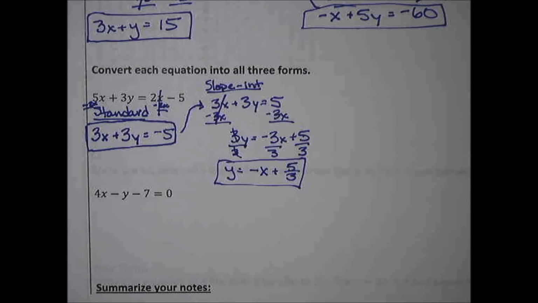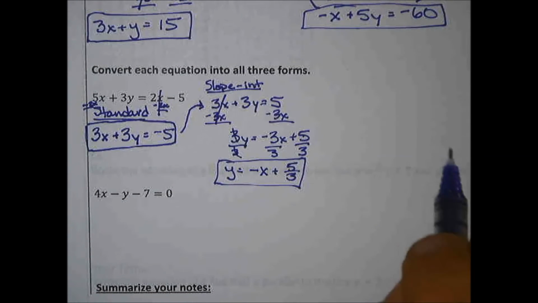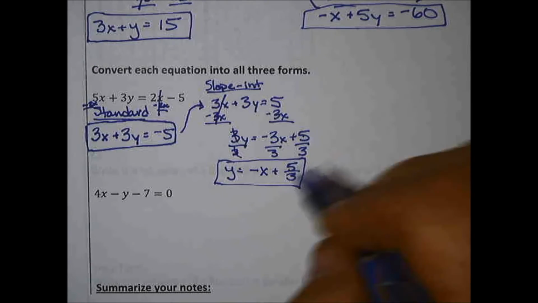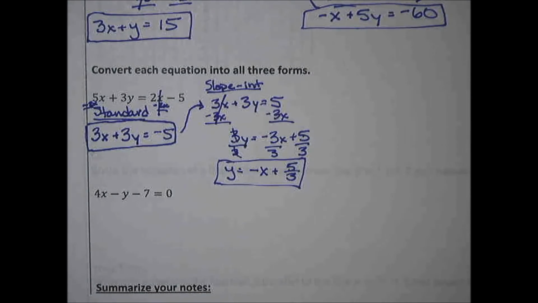So let's see. What I want to do now is go into point-slope form, and this is probably the hardest one. But I know that every line hits every number at some point or another. I'm going to use this slope-intercept formula to find another point on the graph.